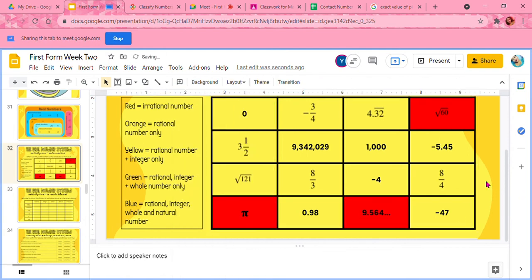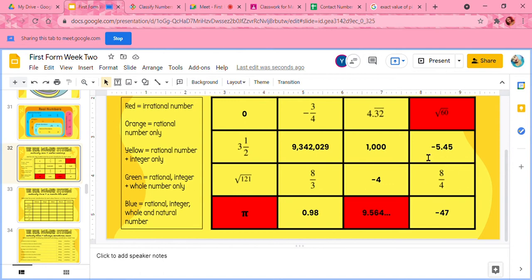Anything else? Fraction, miss. Remember that an integer is a number that I cannot write as a fraction. Do you see any other irrational number here? Miss, how about the negative 5.45?